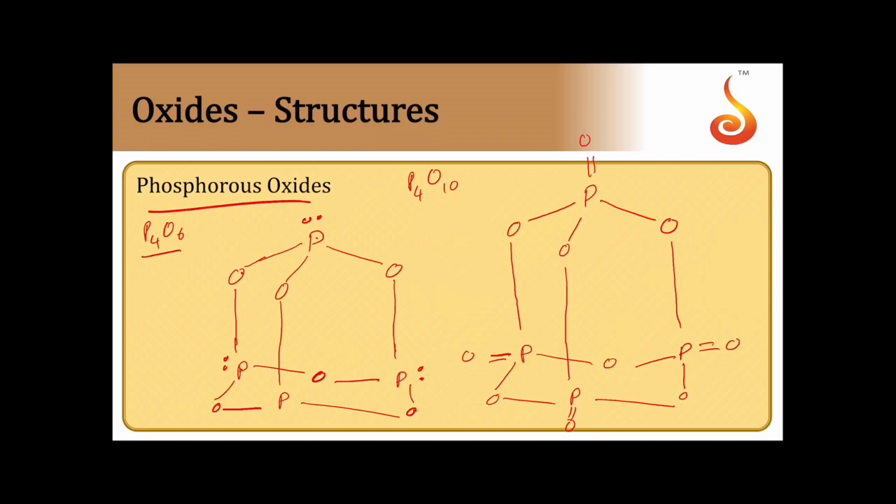P4O10 has P=O bonds, and each phosphorus atom is tetrahedrally bonded, a tetrahedral structure at each corner. Without lone pairs on phosphorus, only oxygen will have lone pairs. These are the structures of the oxides of phosphorus and nitrogen.